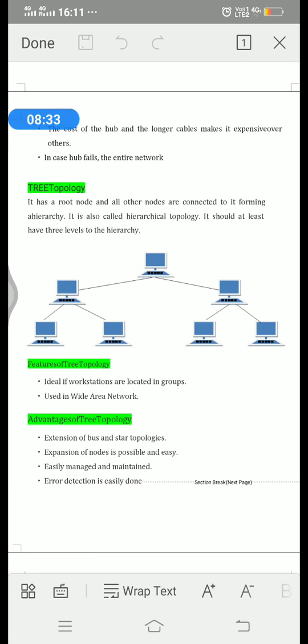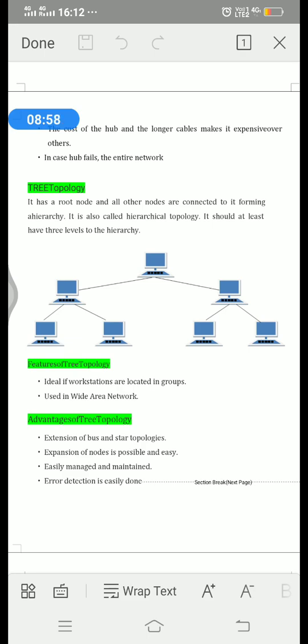It is also called hierarchical topology. It should at least have 3 levels of hierarchy. This is very important in tree topology, that there must be at least 3 levels, otherwise it won't be treated as hierarchical or tree topology.